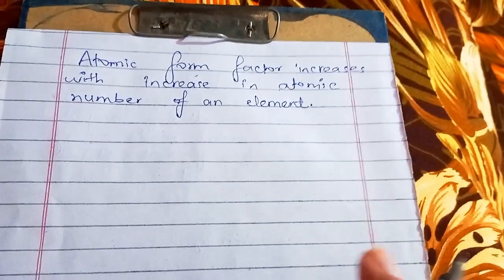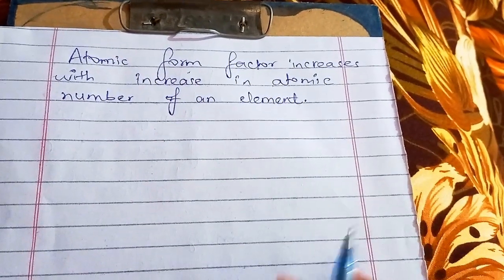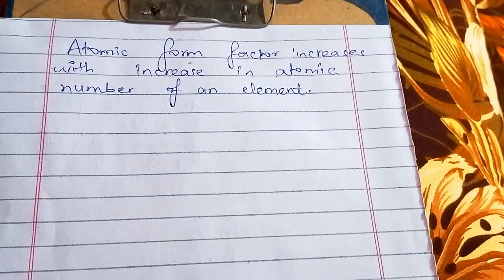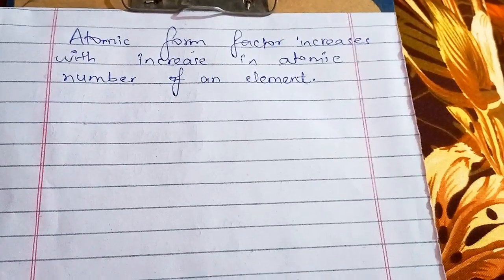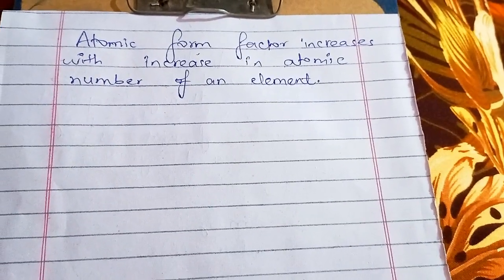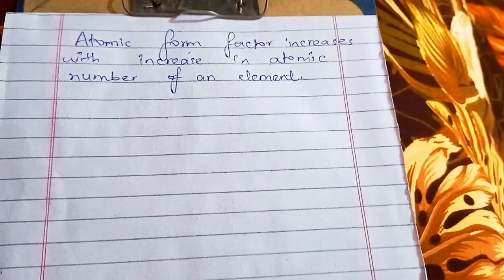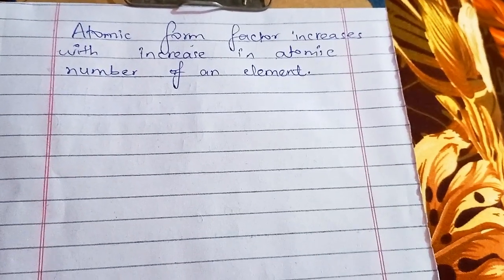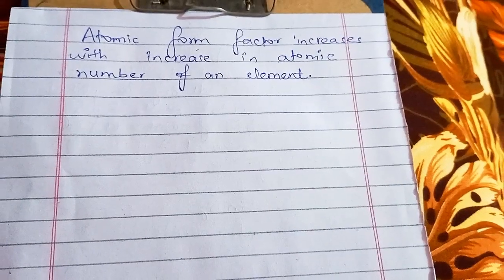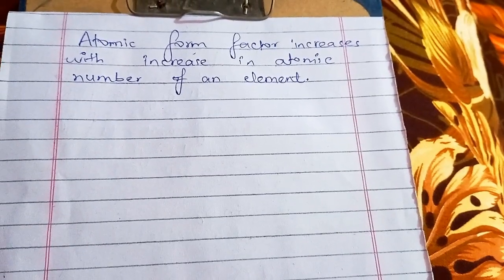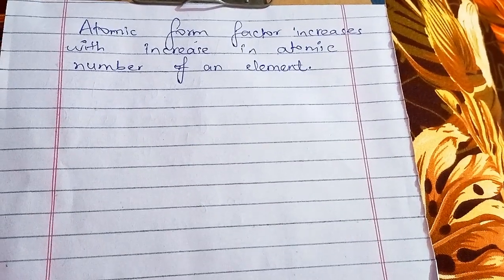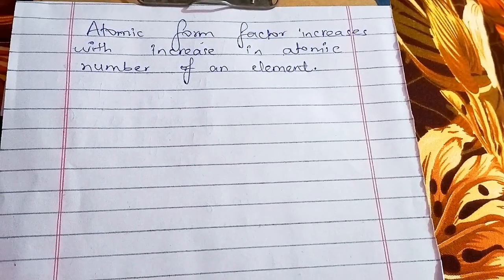Since we'll have more members in a team to push or scatter the incident x-rays, that is why the atomic form factor increases with increase in atomic number. Because if we have a crowded place, then the probability of scattering is greater, you know that. And if we have several vacant spaces, then the probability of scattering decreases. This is a common daily life experience as well.